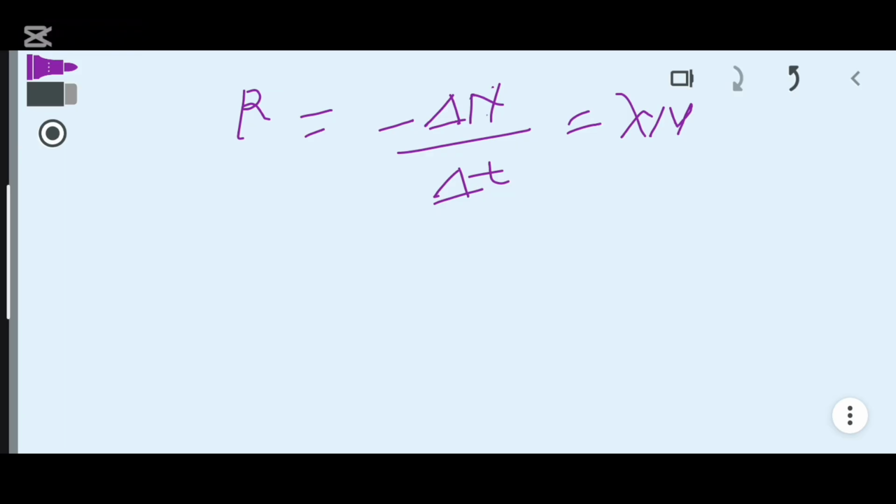We carry this negative sign over. We now have change in number of particles over change in time equals minus decay constant times the number of particles.